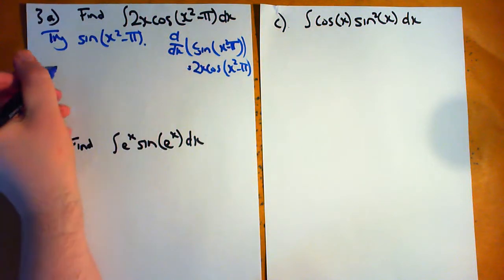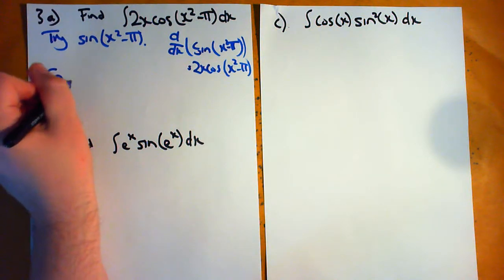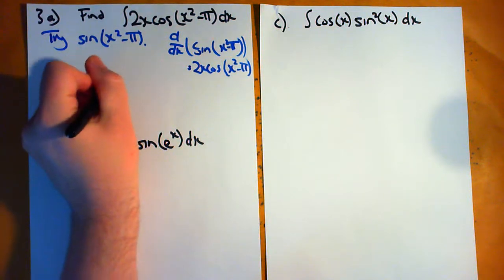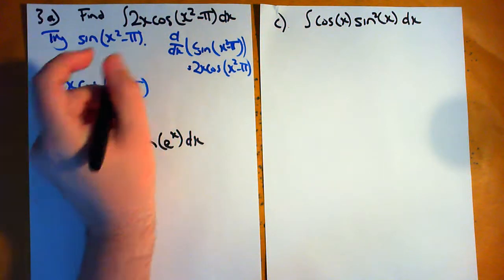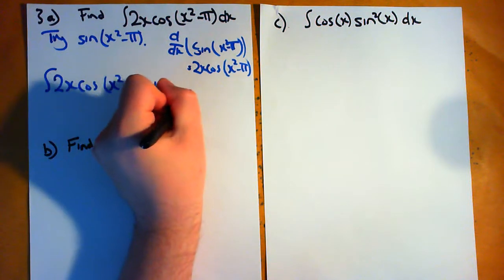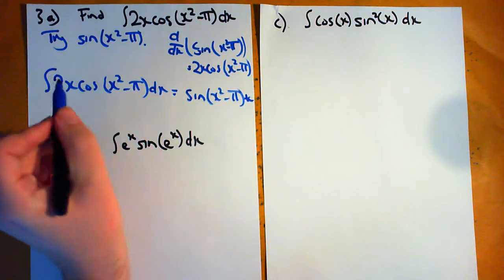And if we reverse that statement, so write it in terms of an integration, we get the integral of 2x times cosine of x squared minus pi dx equals sine of x squared minus pi plus constant.